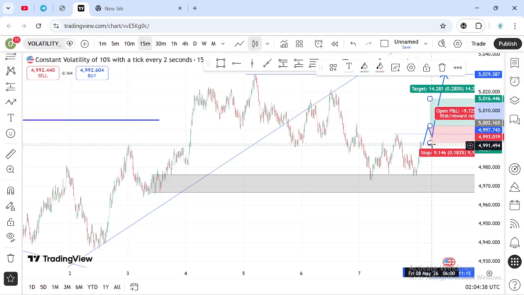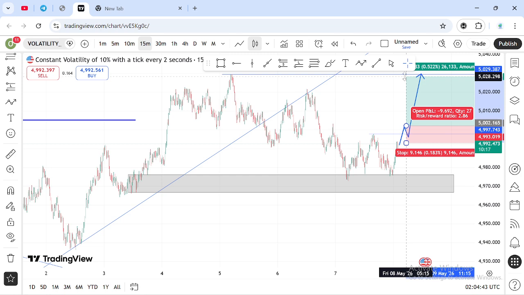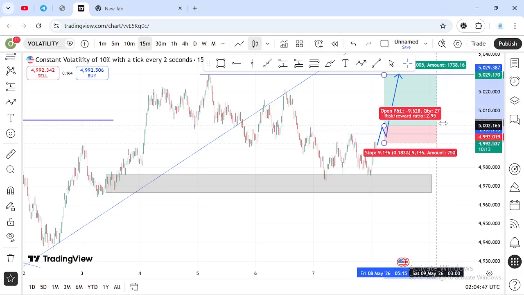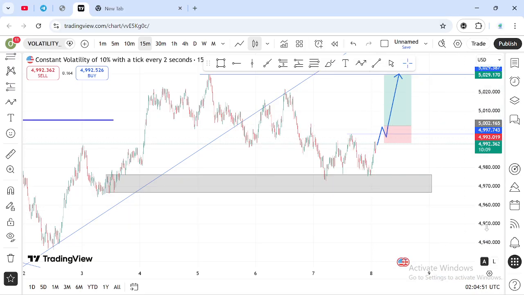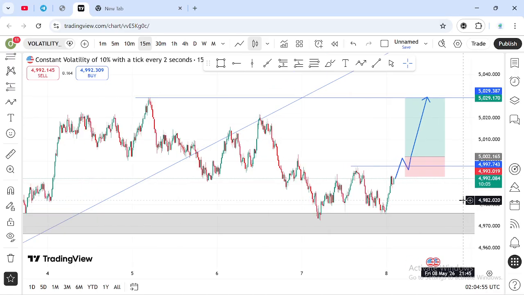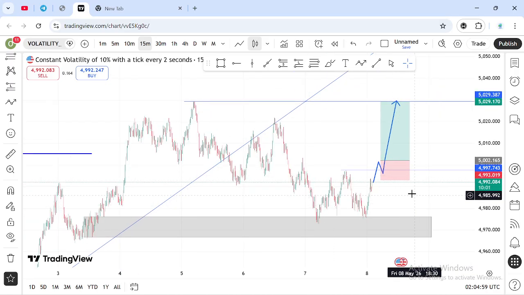So wherever it retraces to is where the stop loss is going to be, and then the TP is just going to be here. So that is going to be our entry for volatility 10 index. So you can see where we got our entry from, what we are looking out for, and that's it.